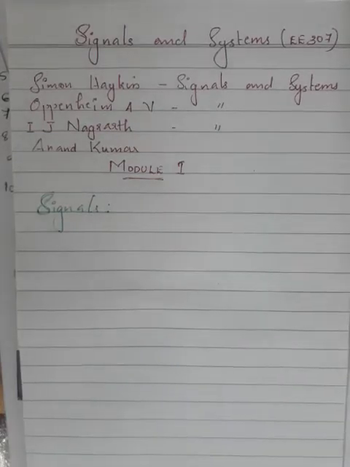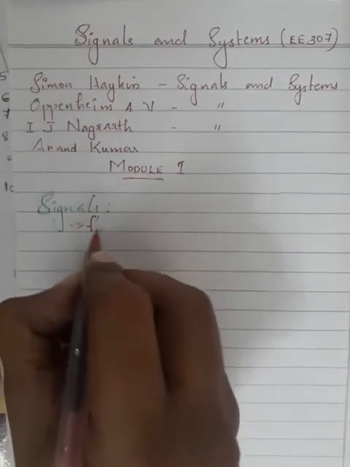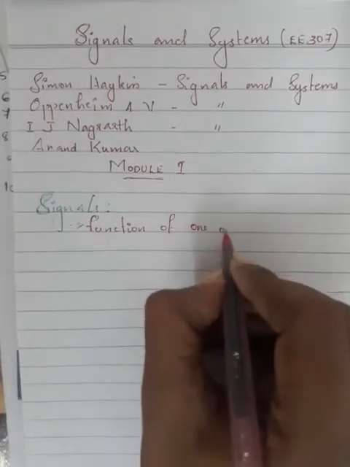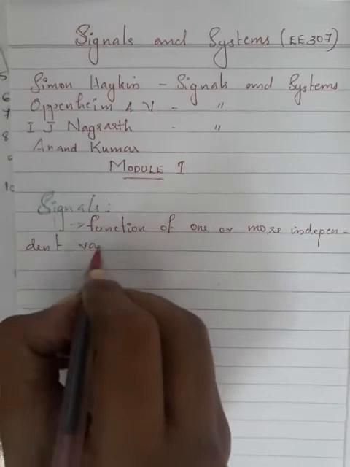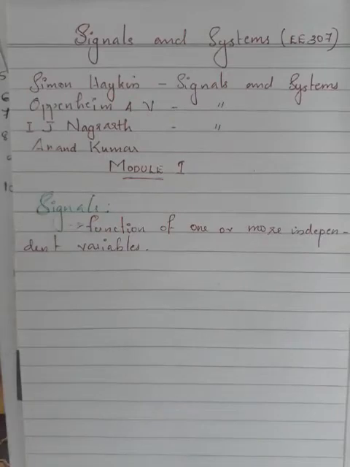As we all know, a signal is a thing that contains information, or we can say a signal is a function of one or more independent variables. So a signal contains information, and this can be represented as a function of one or more independent variables.